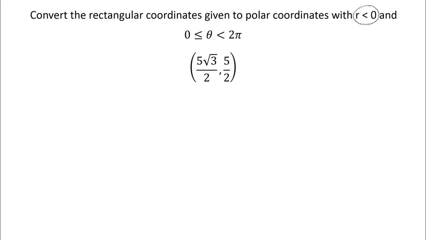All right, first step is to find r. We know that r squared is equal to x squared plus y squared.